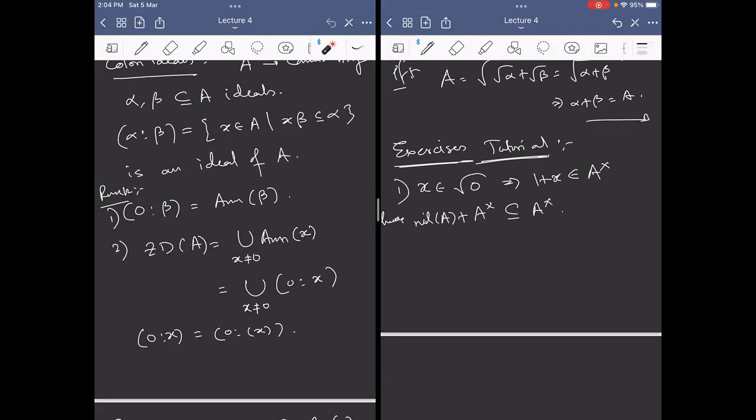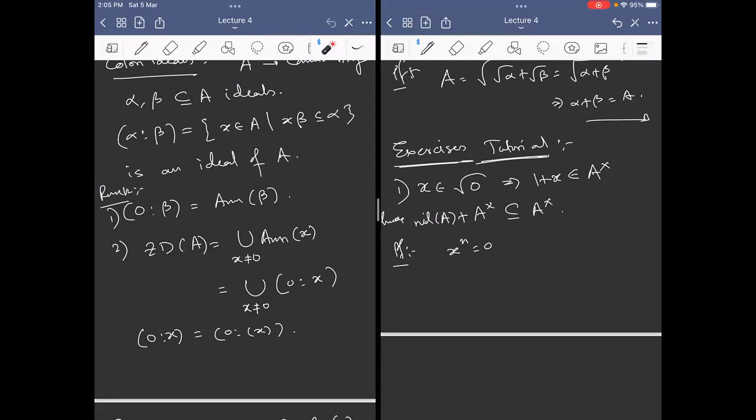That is obvious, because x to the power n is 0 for some n. For motivation you should look into the formal power series expression of 1 by 1 minus x. You can think of x as a real number whose absolute value is less than 1.